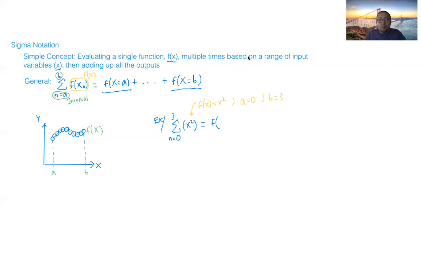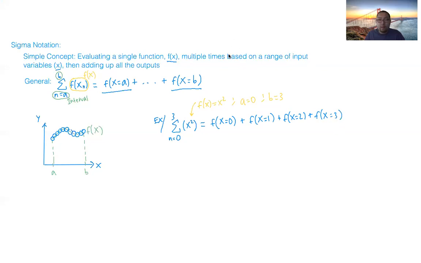To calculate this, we calculate our function f evaluated at 0. We add that to the same function, x squared, evaluated at x equals 1, plus f evaluated at 2, and finally f evaluated at 3.